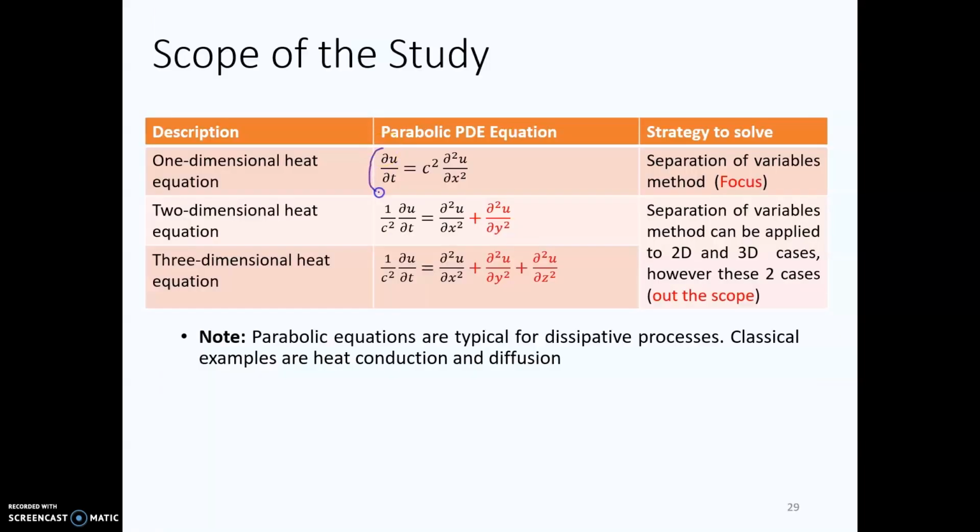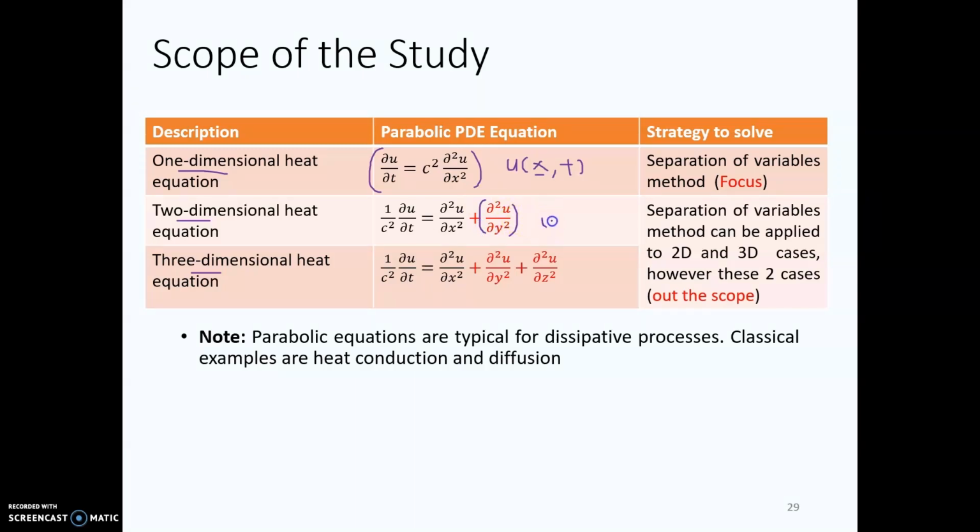The previous heat equation has only one dependent variable u and two independent variables x and t. So this is known as the one-dimension heat equation, where you have only one dimension in x location. You can also have the two-dimension and three-dimension heat equation by including an additional term here in the y dimension.